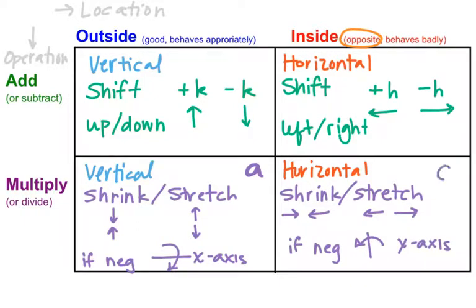And the letter we use here is c. I know this video is getting a little bit long, but we're going to talk about this a and c value as well as k and h.